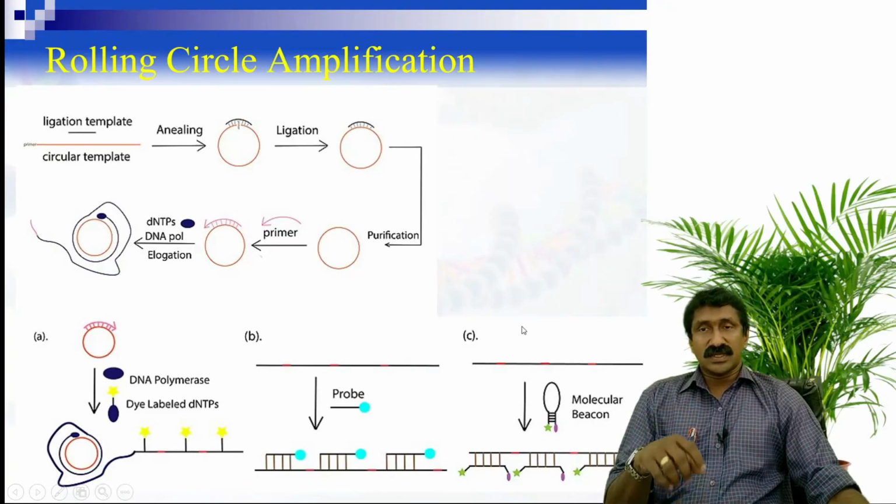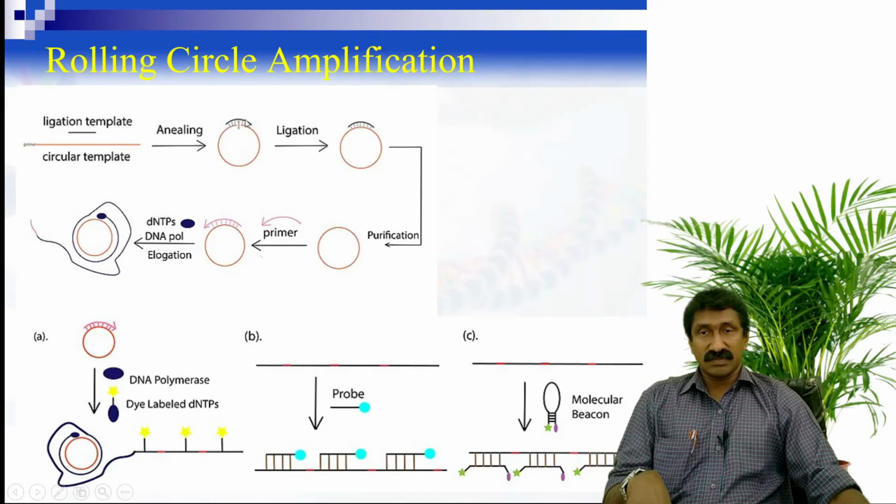Now the next one is rolling circle amplification or RCA, in which we have the ligation template, which is represented here. This is a circular template DNA. The circular DNA is joined together after annealing.